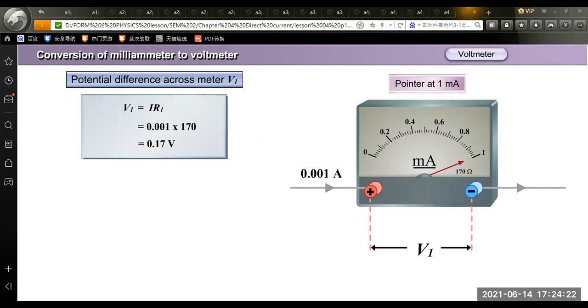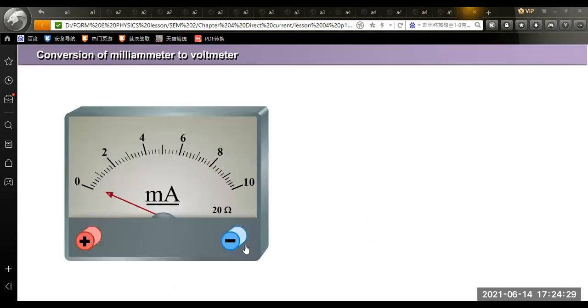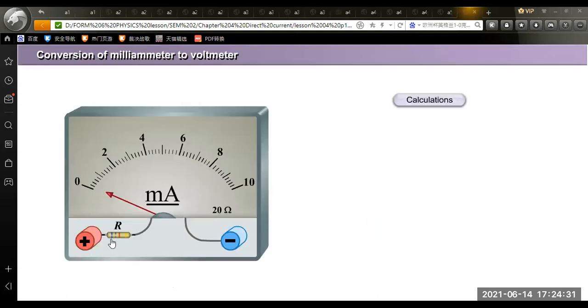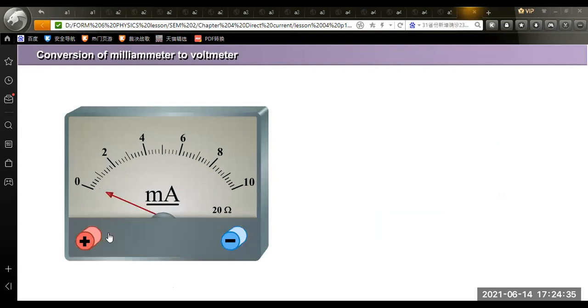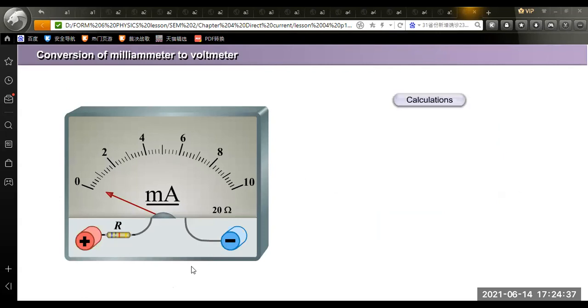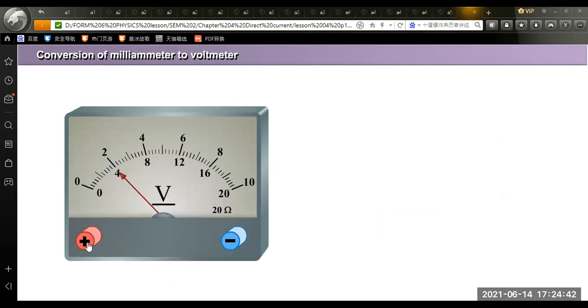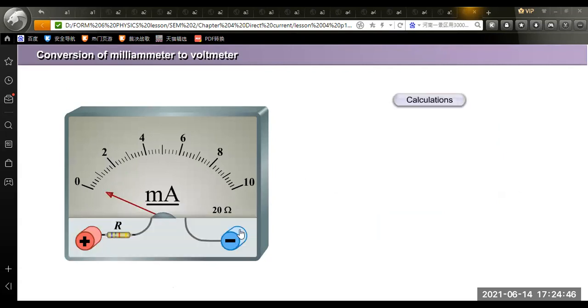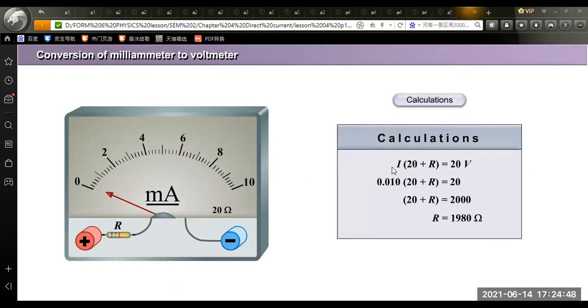So what we need to do is add a resistor in series to the meter. This is the structure. Inside, there will be a resistor. For the calculation, we add a resistor inside.